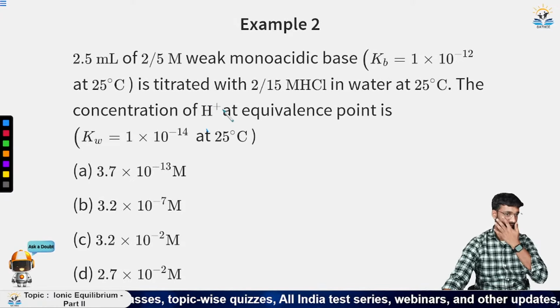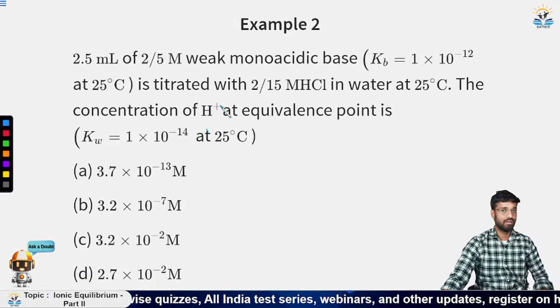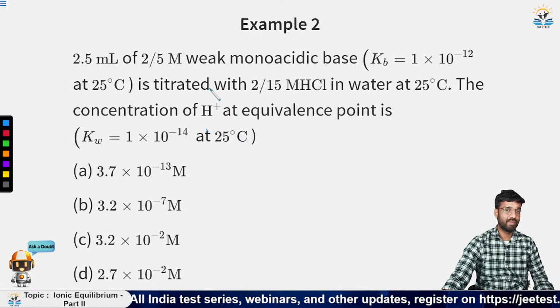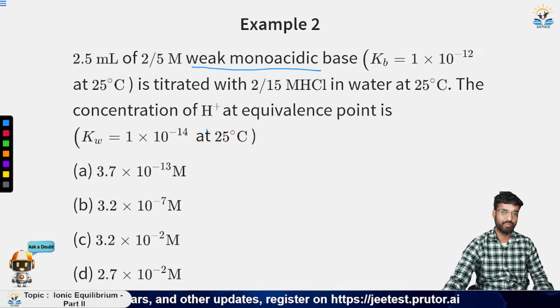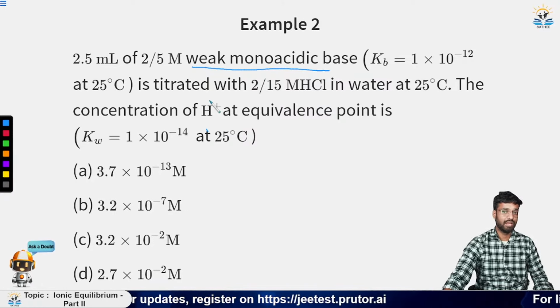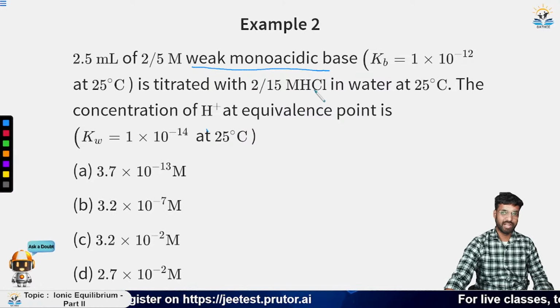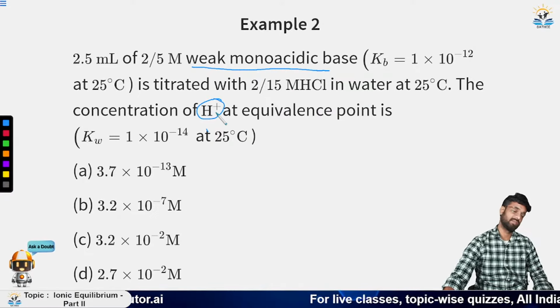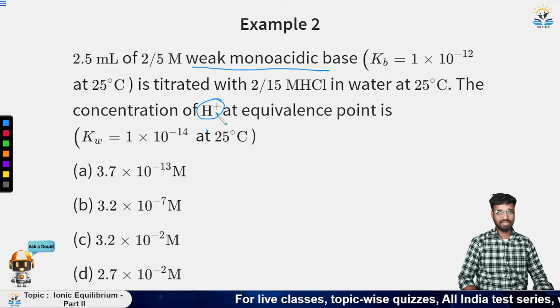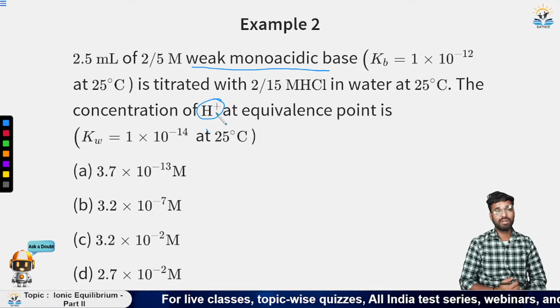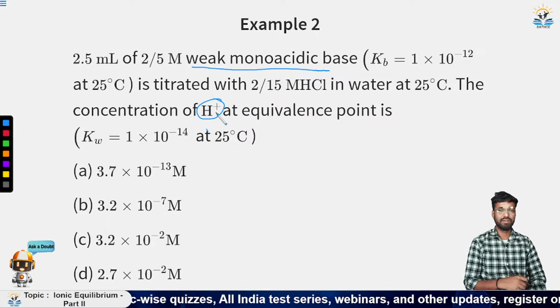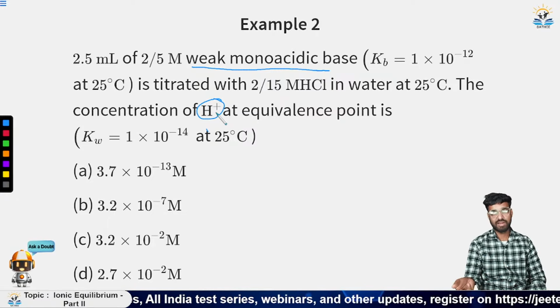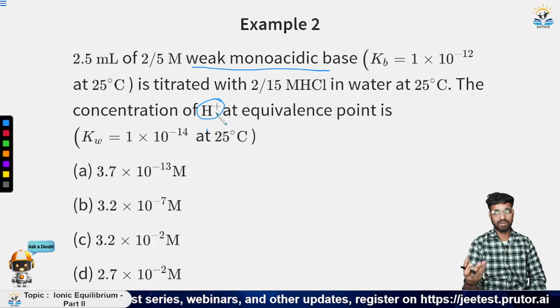Now the next question is that we are taking 2.5 ml of 2 by 5 M weak monoacidic base, titrated with 2 by 15 M HCl in water. Find the concentration of H plus at the equivalence point. Now, those who are not aware about titration: in titration, we take the same equivalents of the acid and base that we are titrating.